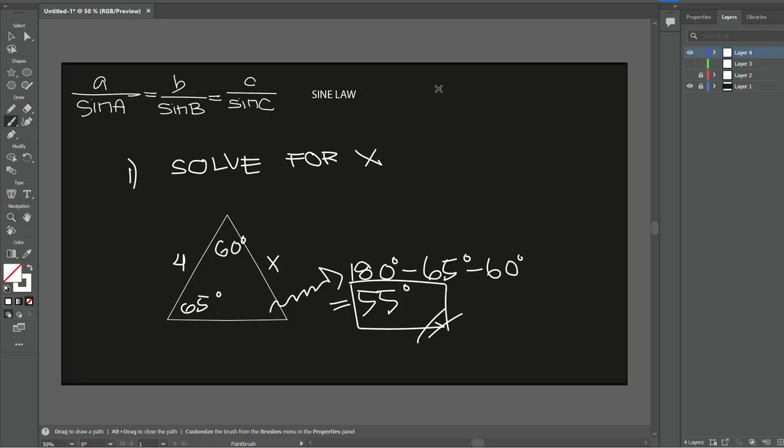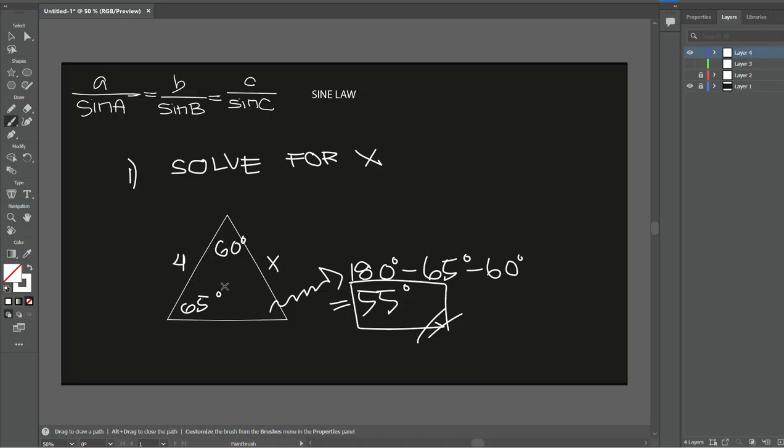So let's calculate. Now, as you can see from the formula, A over sine A, B over sine B, and C over sine C. This is just the opposite sides, so it's the opposite angle to the opposite side, like a mirror.